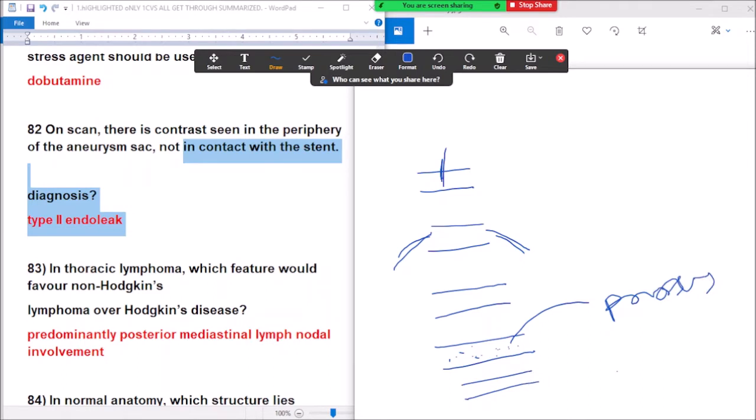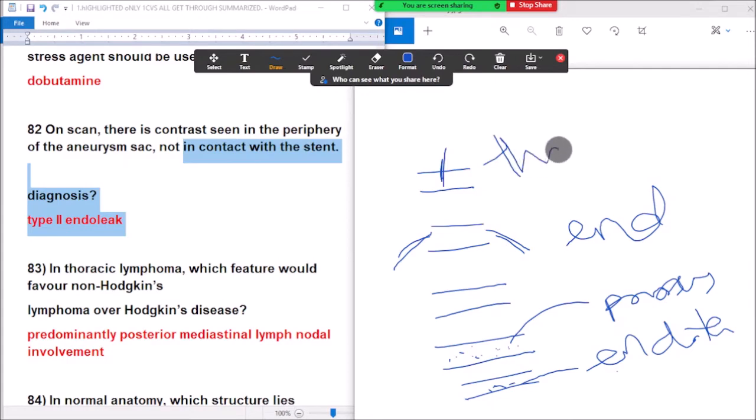Type 5 is endotension. So the contrast in the periphery of the aneurysmal sac is type 2 endoleak.